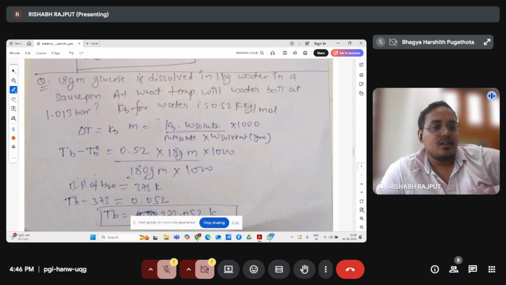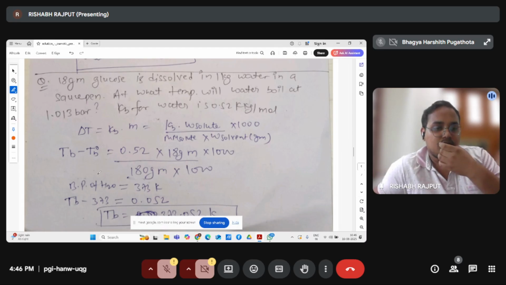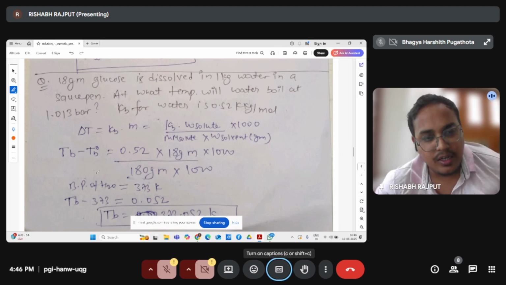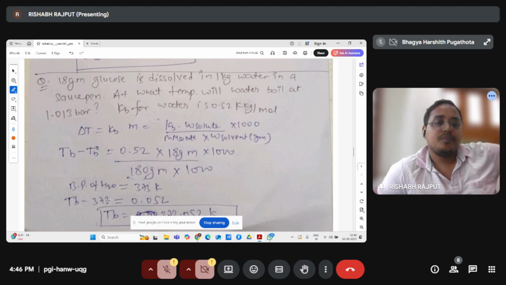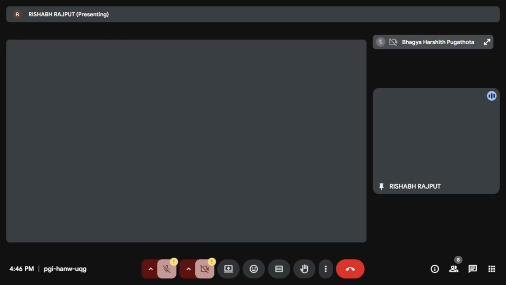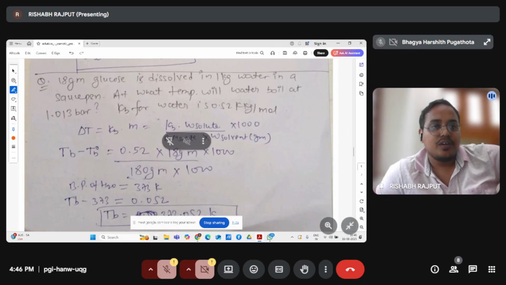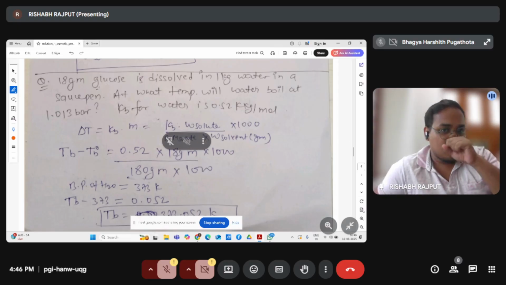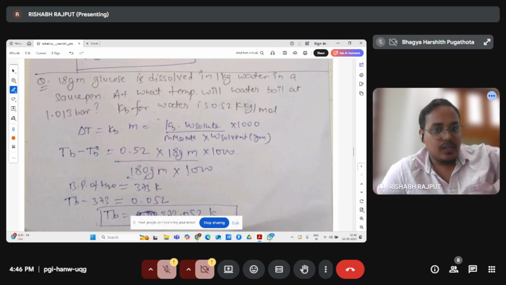So we can write it as T naught B. Now can you put the values here? Kb value is given as 0.52, weight of solid is 18 gram into 1000, and molar mass of solid is 180 gram, because you know glucose molar mass is 180 gram, and weight of solvent is 1 kg.